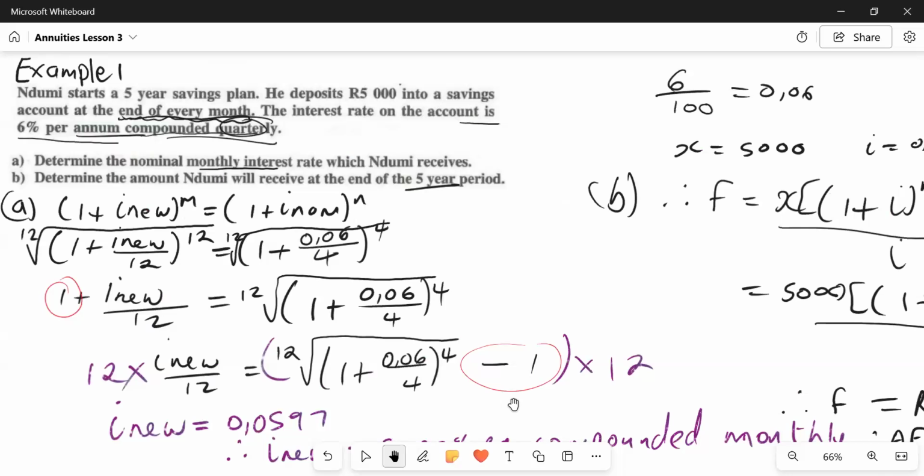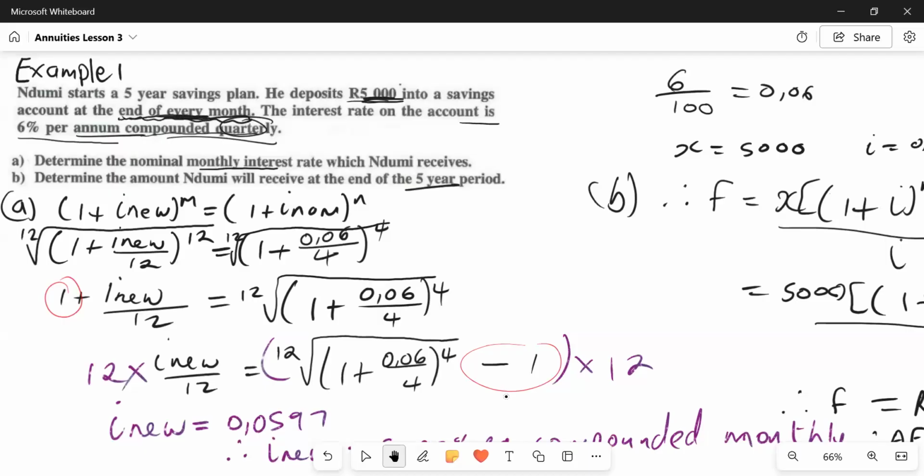But before we move to example 2, question B, they're saying determine the amount Ndumi will receive at the end of the 5-year period, right? But if you can check something, they're saying he deposits 5,000 at the end of every month, right?